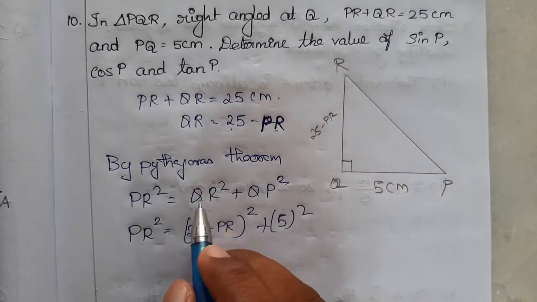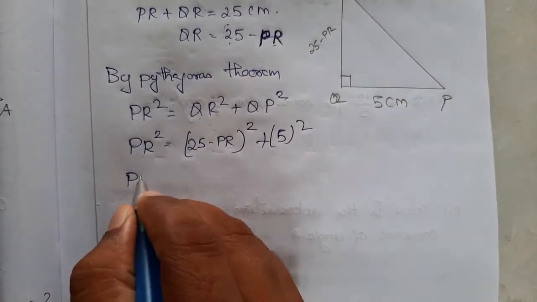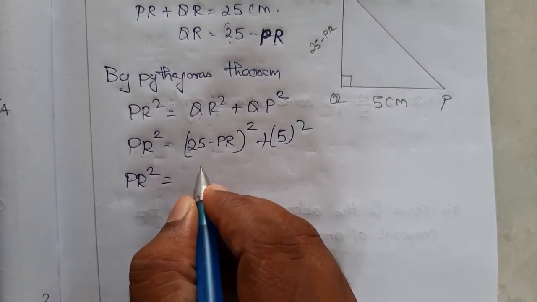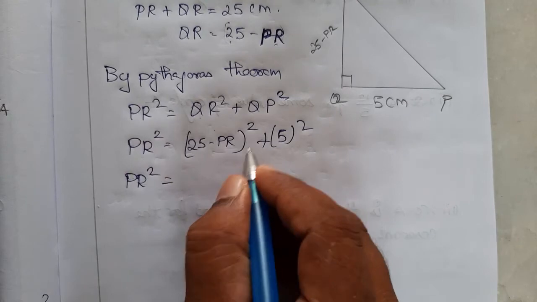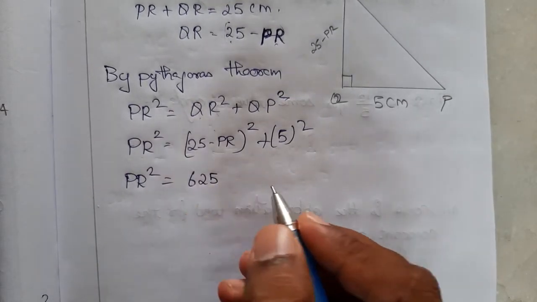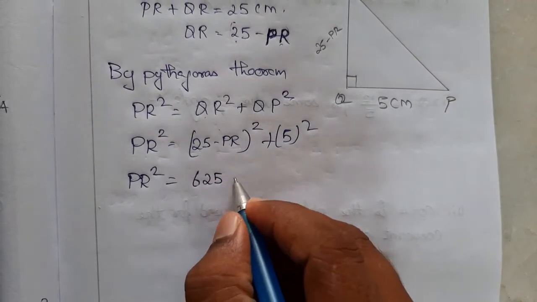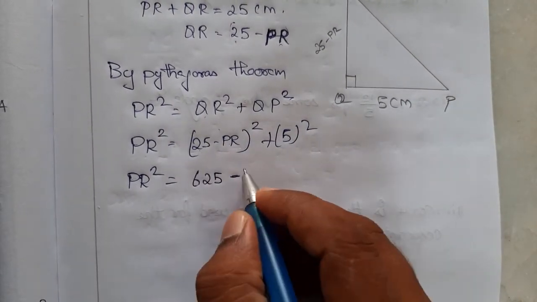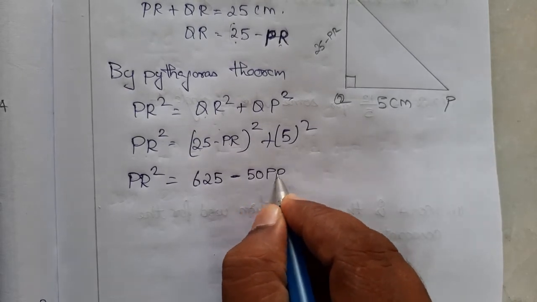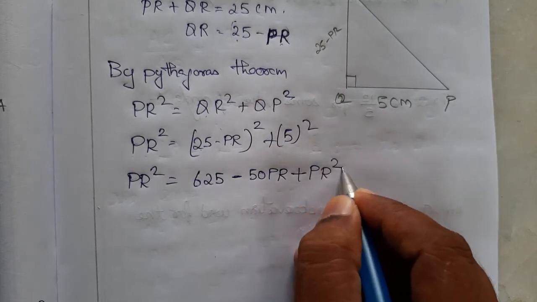Using the (a minus b) the whole square formula, PR square is equal to 625 minus 2ab, that is minus 2 into 25 into PR, which is 50 PR, plus PR square, plus 25.